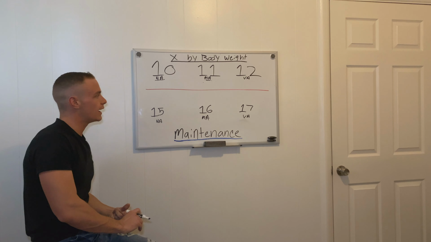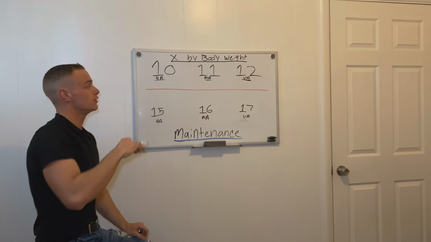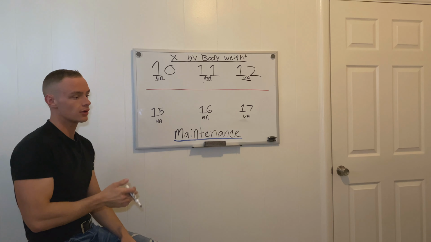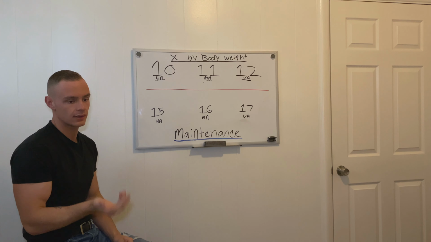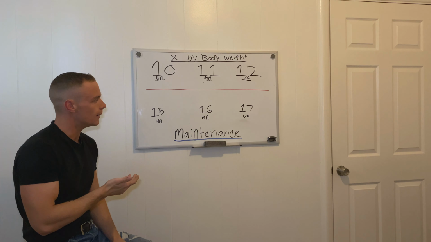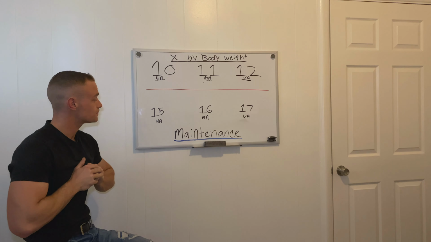And then very active would be that you're on your feet all day during work, you come home and you also put in 30 minutes to an hour of physical activity, whether that be walking at a fast pace, jogging, anything that's 30 to 45 minutes of constant pace.